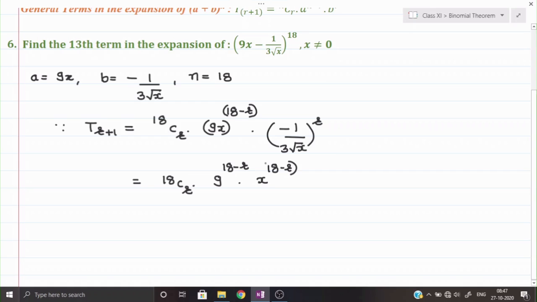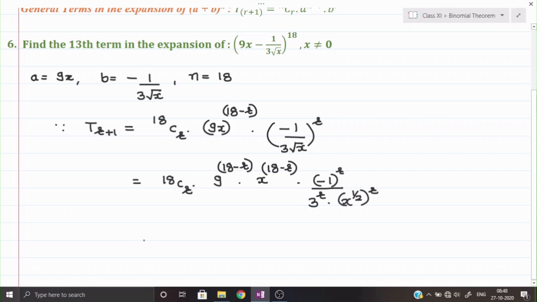You can put up directly the value of r and you can solve it, that is also possible, but I am showing you the way. First of all you shall simplify and then you can write down minus 1 to the power r upon 3 to the power r into root x. See, root we can write down as x to the power of 1 by 2, so it will be basically x to the power 1 by 2 whole power r.